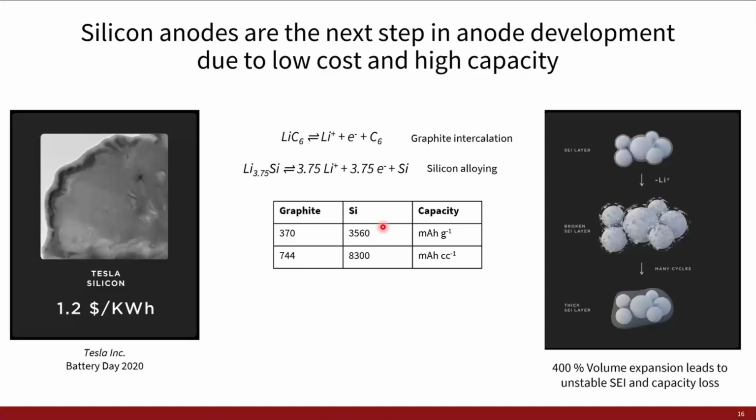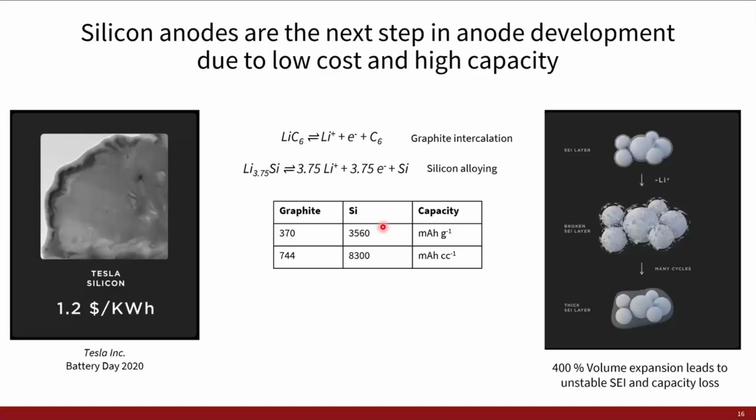But this very high lithium ion storage capacity also introduces the problems of silicon. Namely, because we're putting so much lithium ions into the silicon lattice, we're causing this 400 volume % expansion of the silicon structure. What this means is that the SEI layer on the silicon gets fractured and broken as the battery cycles.